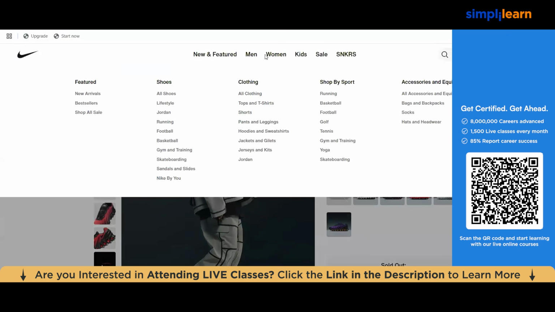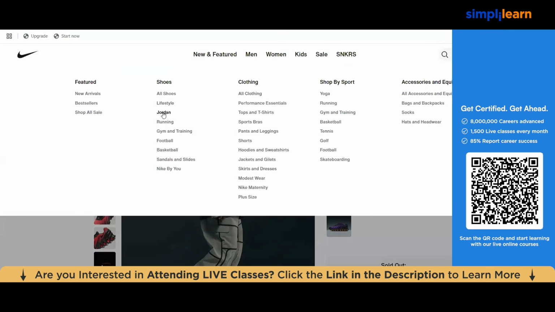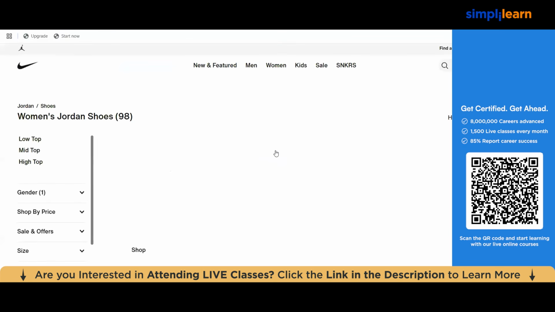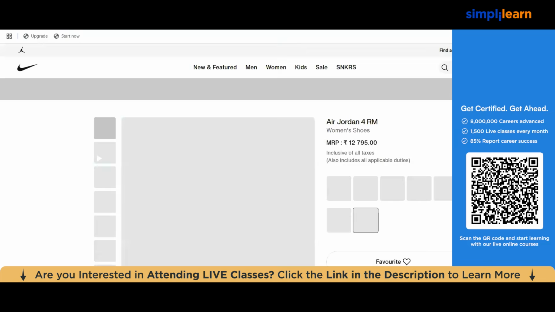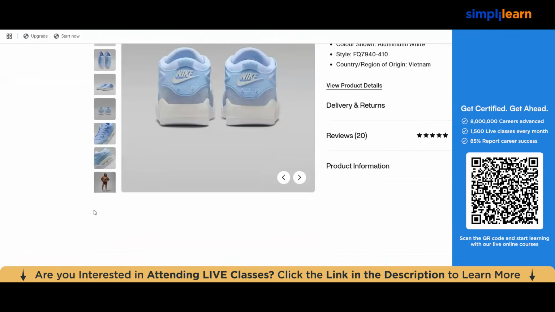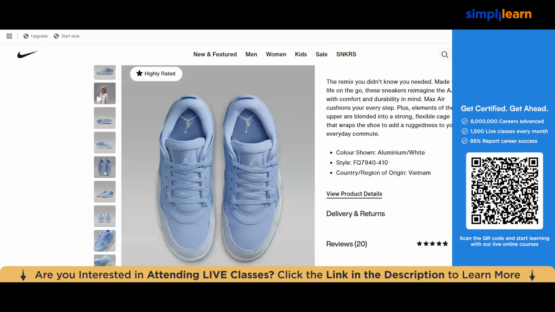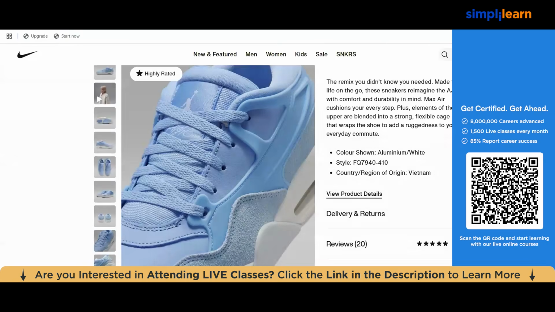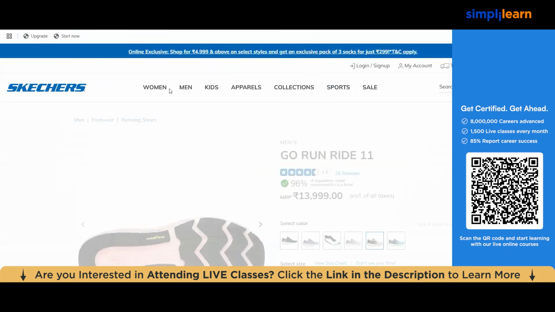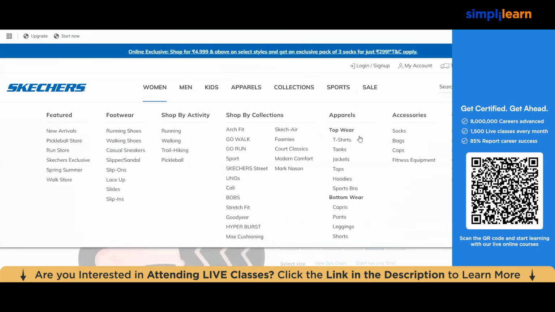So if I go for women's shoes, Jordan, yeah, and I click on this, you see the detailing of it. Even in pair, how it will look from different angles, right? And over here, women running shoes.